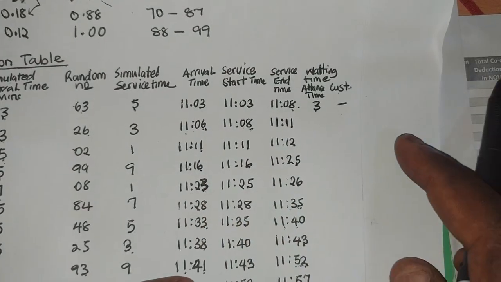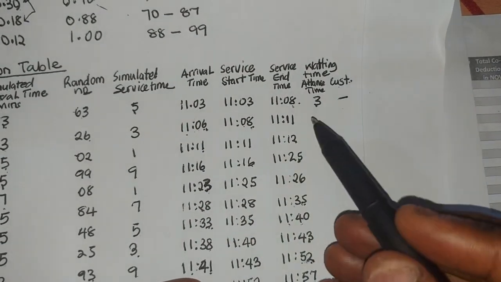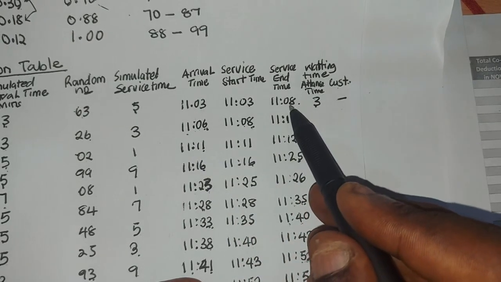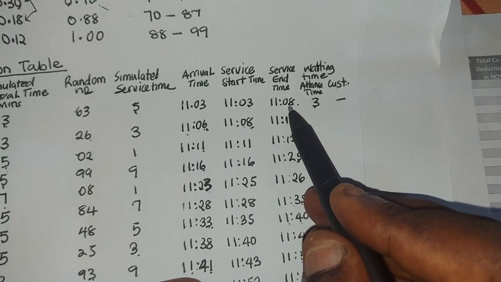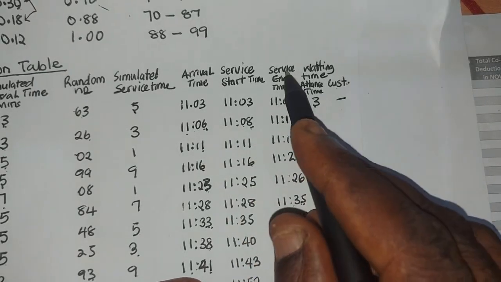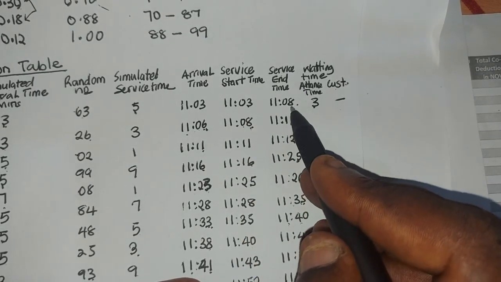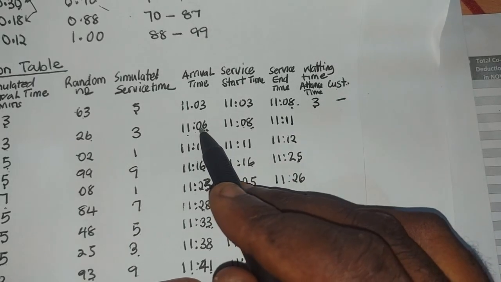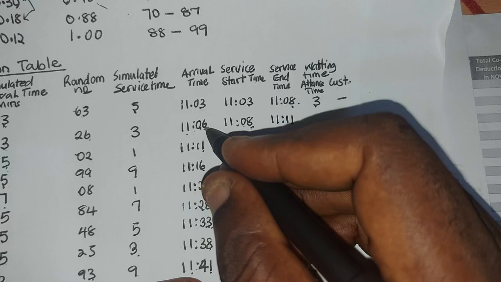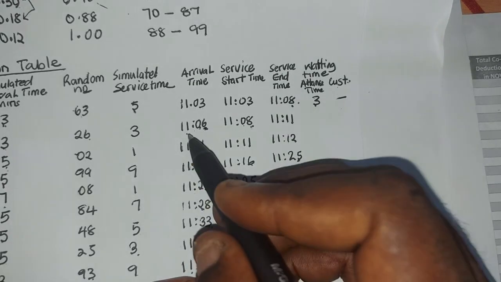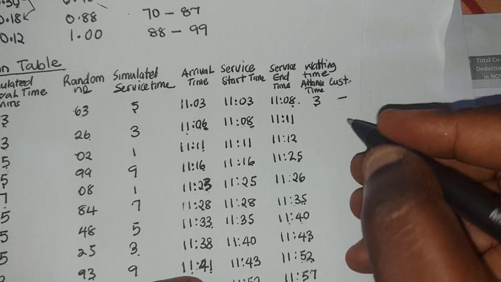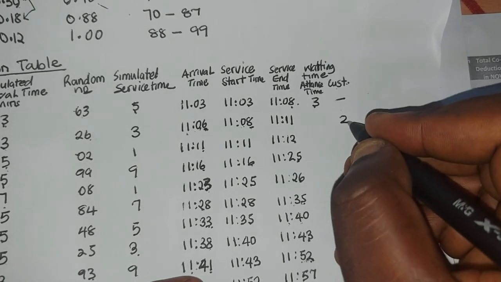Okay, class, don't forget. Now if you look at this, a customer has already arrived before the end of this service. When the service starts, a customer is already waiting, and he waited for how many minutes? He arrived 11:06. The service starts 11:08, so he waited for 2 minutes.